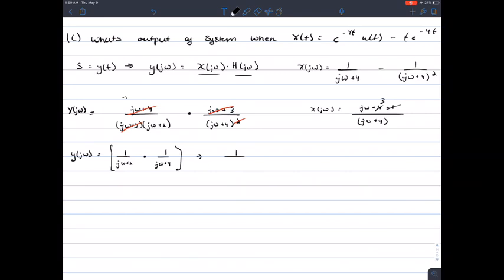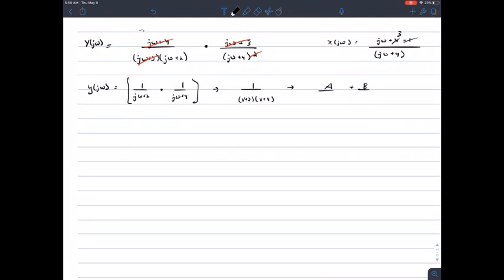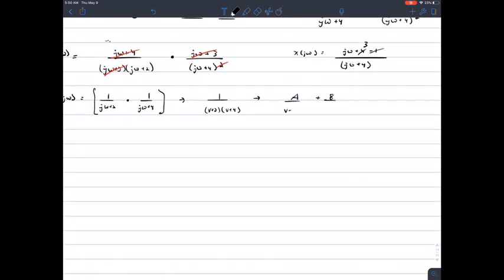So it's going to be 1 over (v + 2)(v + 4). So A over something plus B over something is going to give us something. So A(v + 4) + B(v + 2).